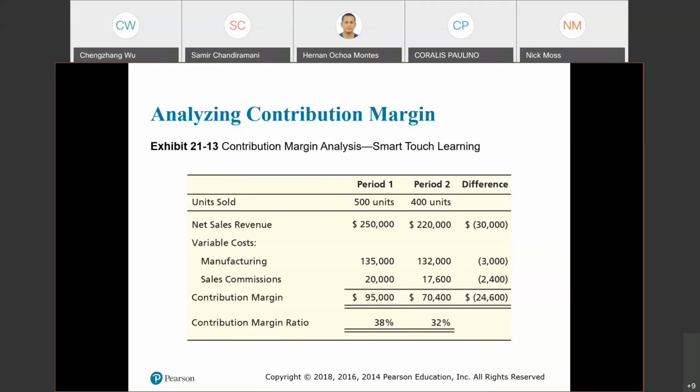This is another situation in which it is helpful to use variable costing. To do this, we will use these slides showing the income statements in contribution margin format for 2 accounting periods for the company.